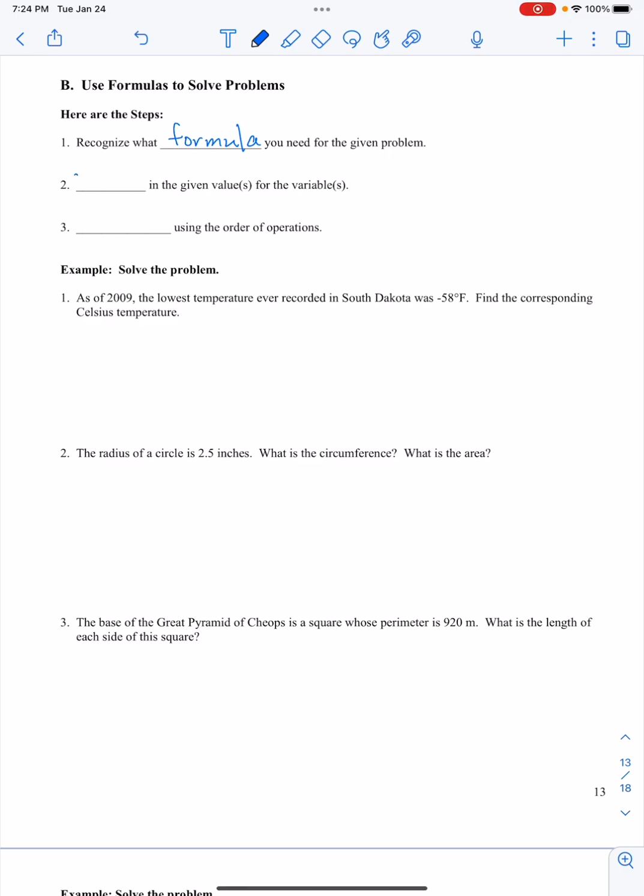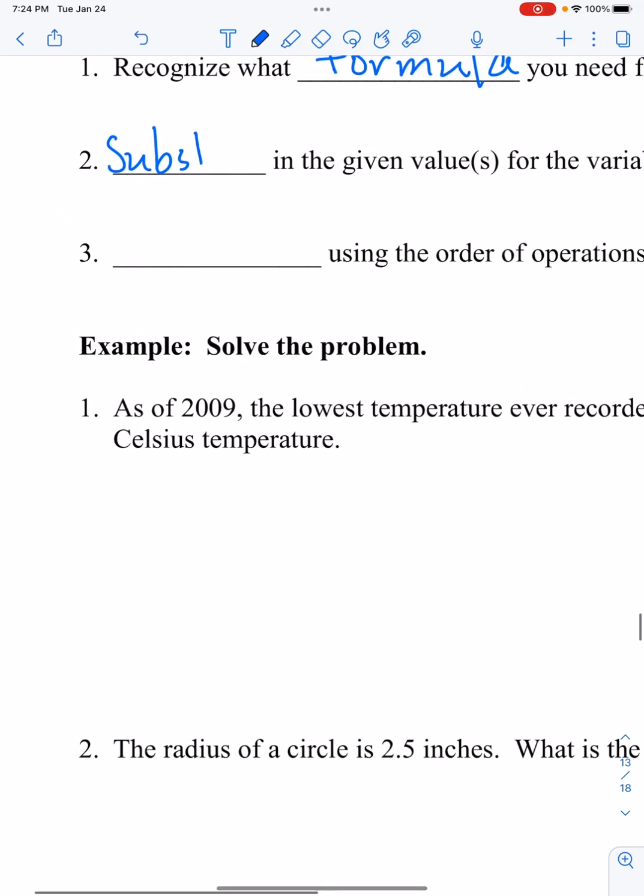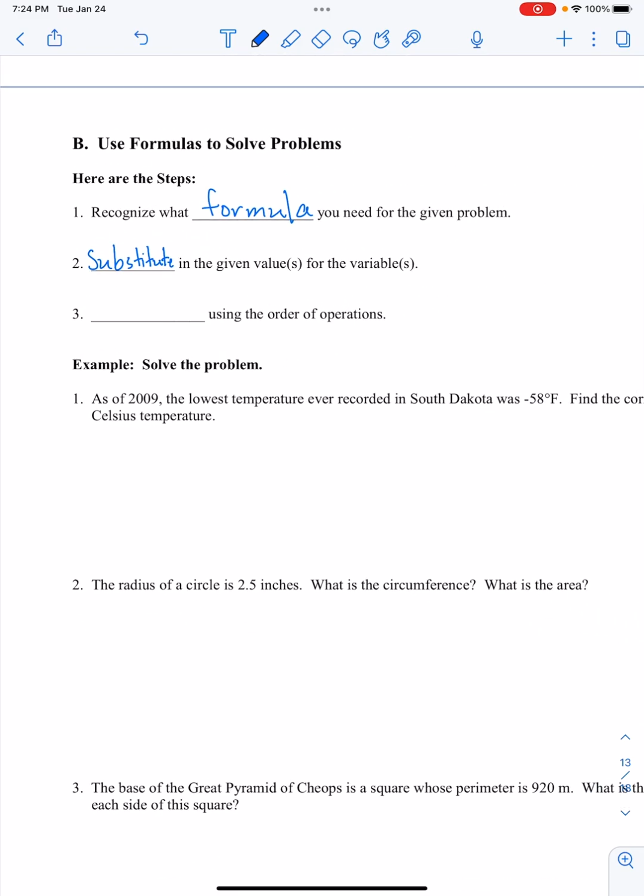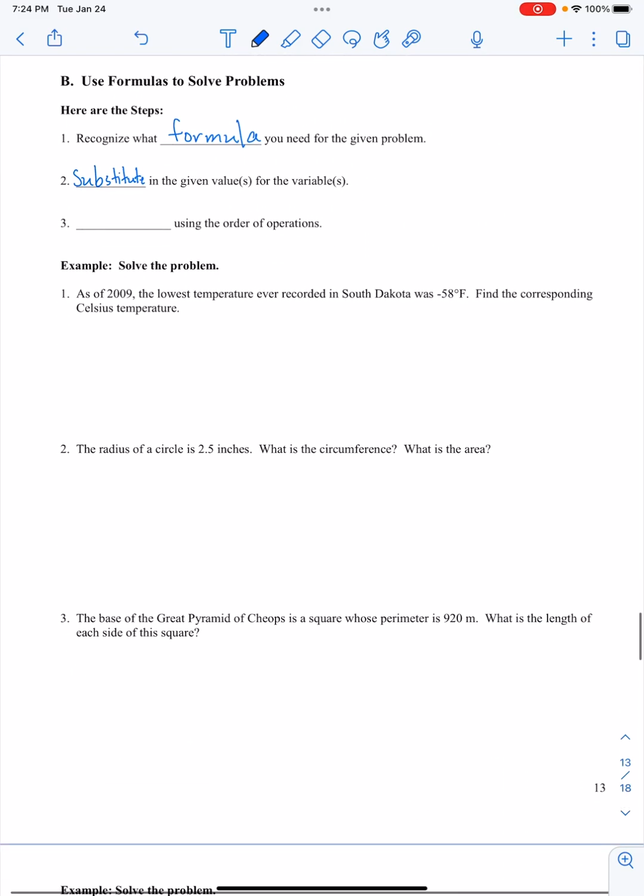Second, you're going to substitute in the given values you know for certain variables and work on finding what you don't know. And then you're going to simplify using order of operations. So let's take our first one.